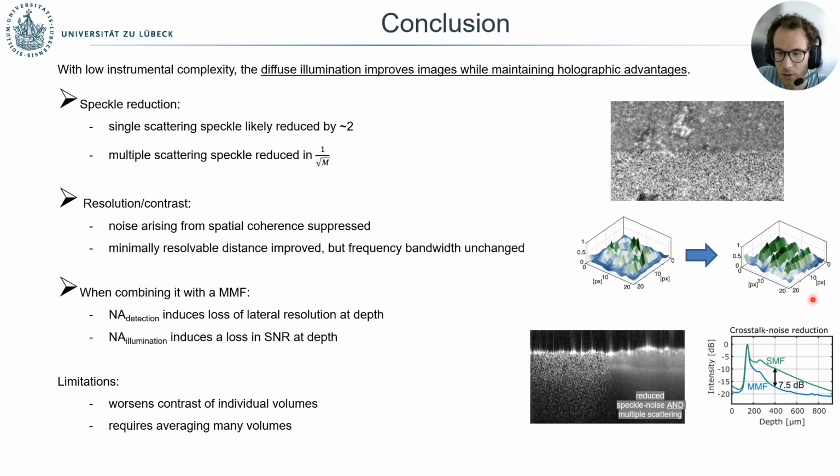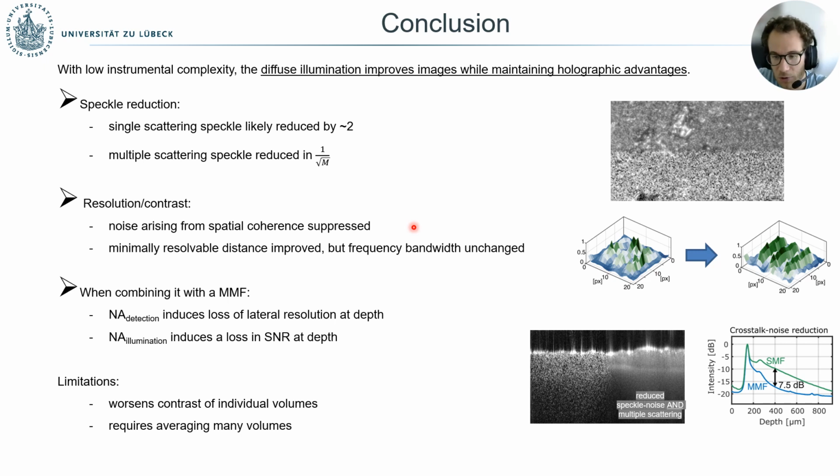So we can still benefit from the coherent gain, from the phase sensitivity, from the ability to do the refocusing, etc. To go into the details, for single scattering speckle, we think we have probably only a factor of 2 or so, but for multiple scattering, because we have a lot of it, it's very nice to be able to suppress it arbitrarily, it seems. For the resolution, from our perspective, there's no increase in resolution, just a change in contrast, but it's very beneficial.